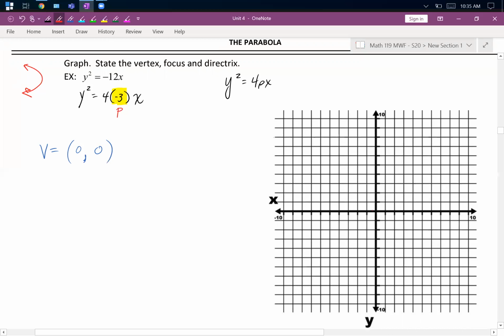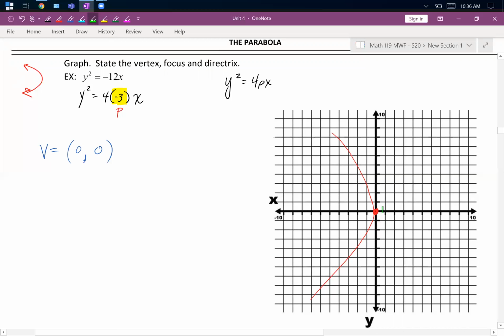All right, let's graph. I know my vertex is right on the origin. I know that my directrix and my focus are going to be the absolute value of p units away from our parabola. Now, don't do this crappy drawing that I'm about to do. We know that this is opening this way, and I remember that the directrix is always behind the parabola.